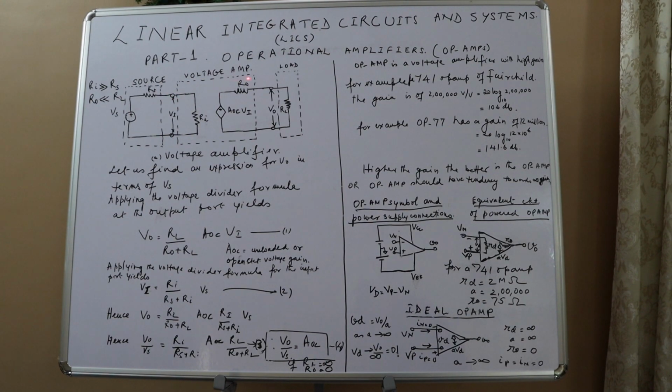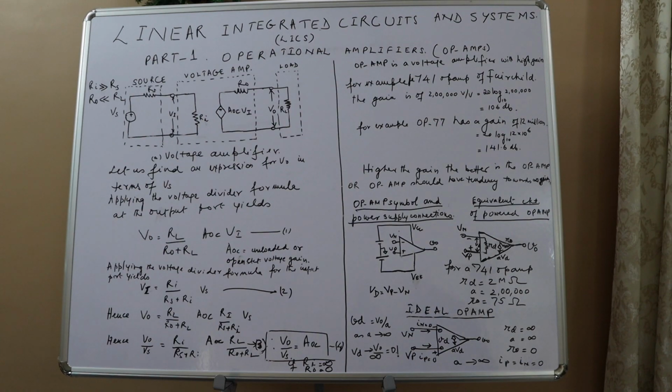This is the voltage amplifier. There's Ri, the open circuit voltage gain AOC, the output resistance R0, AOC times Vi, then RL, and the output voltage.